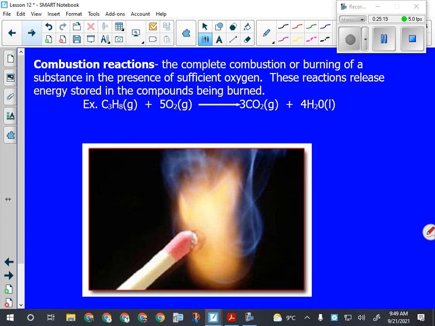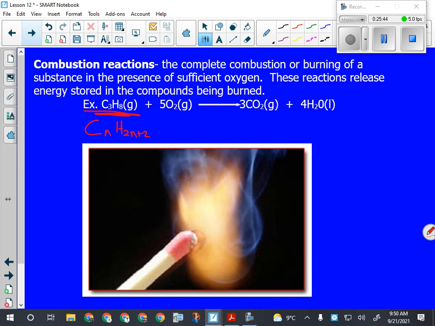So in a hydrocarbon combustion reaction, we're always going to have a hydrocarbon, so some C and H combination, and it usually goes in this form. It'll be C_n, representing a number, and then H_2n+2. Here's what I mean by that. In this one here, C is 3, but H is 8.